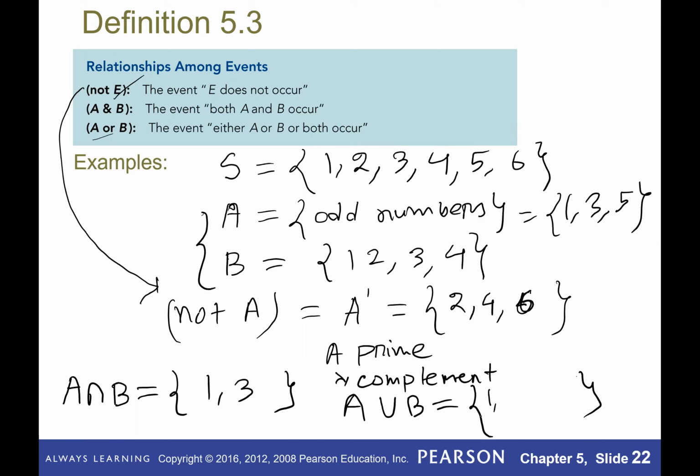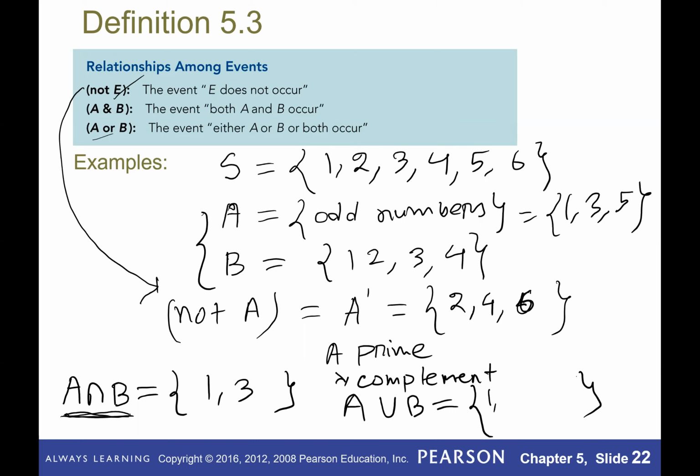Actually, those who answered 2, 4, 5 thought that it is the complement of A intersection B. Actually, this is not true. A or B means either in A or in B or in both.